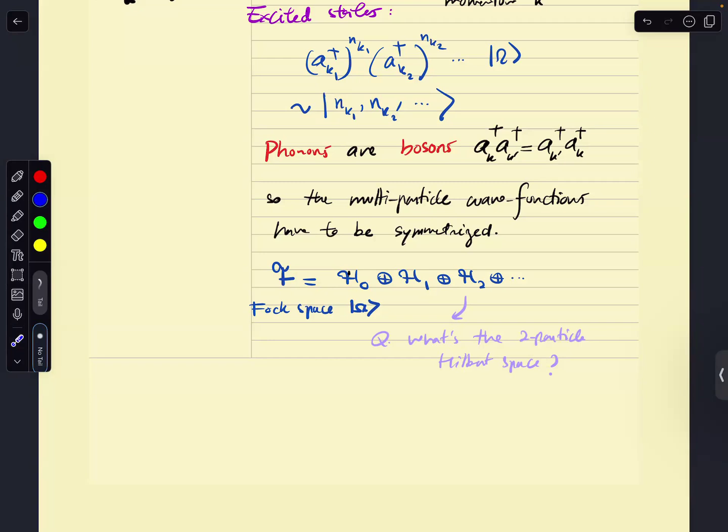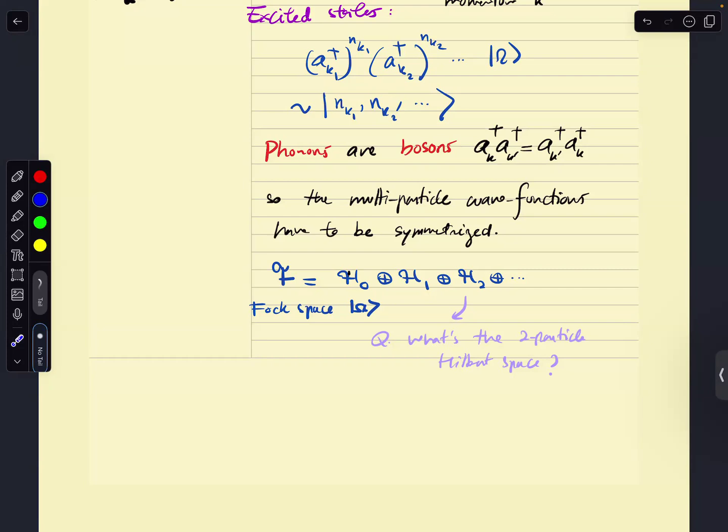You could use that basis, but what I wanted to point out, I wanted you guys to compare the two particle sector of the Fock space to two bosons. This is quantum mechanics living on a circle. Quantum mechanics of two bosons living on a circle.